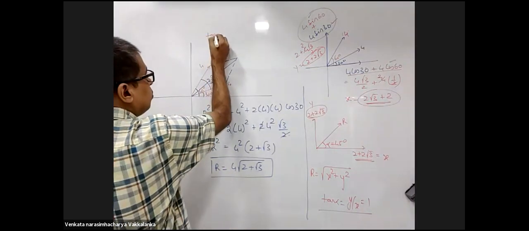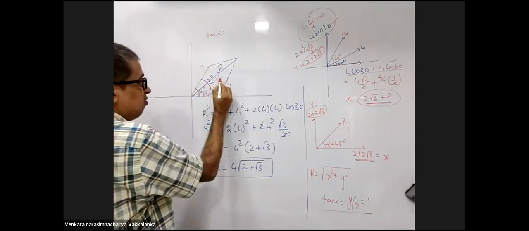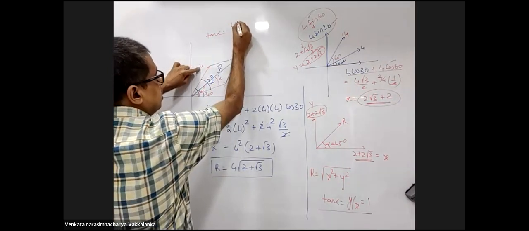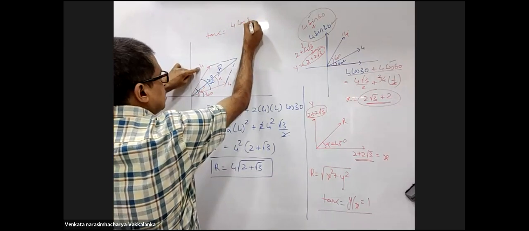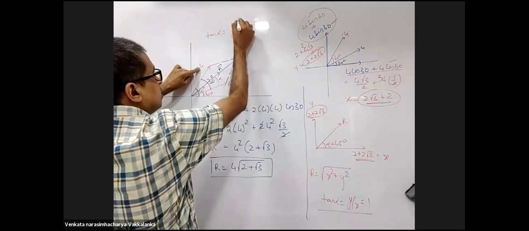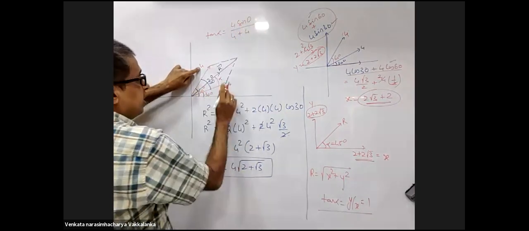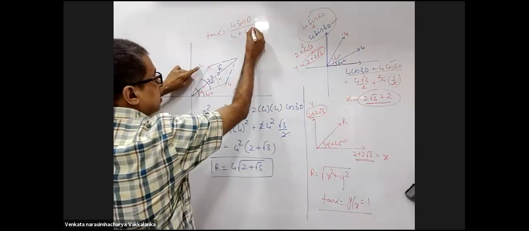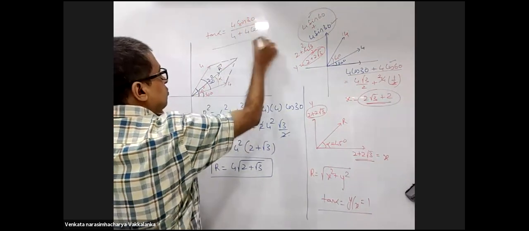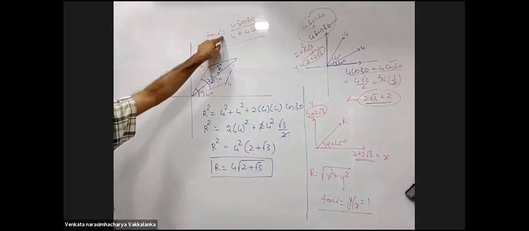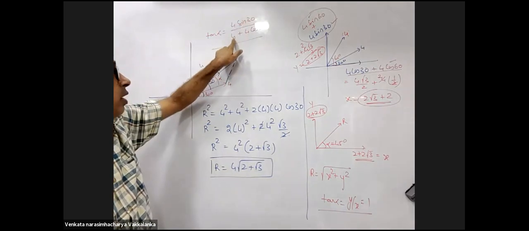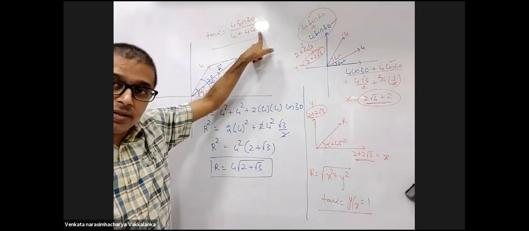Now here, if alpha is the angle which it makes with the first vector, then tan alpha will be b sine theta upon a plus b cos theta.